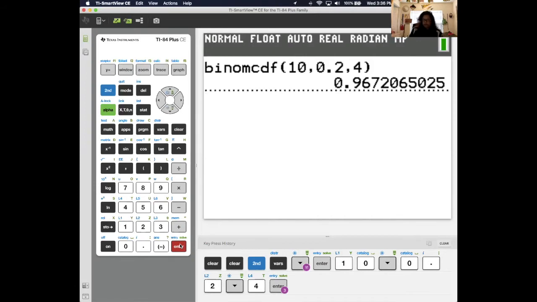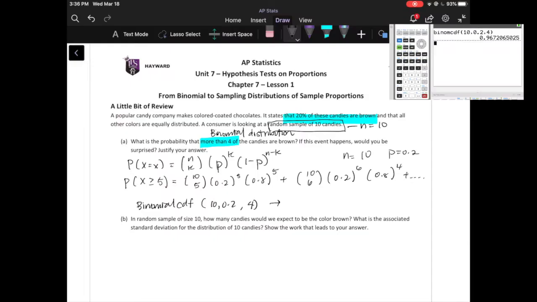Back on our iPads, in our notes, we're going to do 1 minus 0.967, which gives us a probability of approximately 0.03. So the probability of getting 5 or more candies that are brown has a 3% chance.